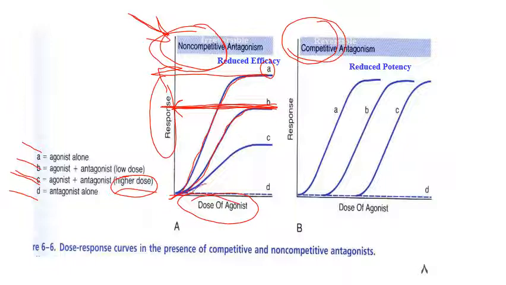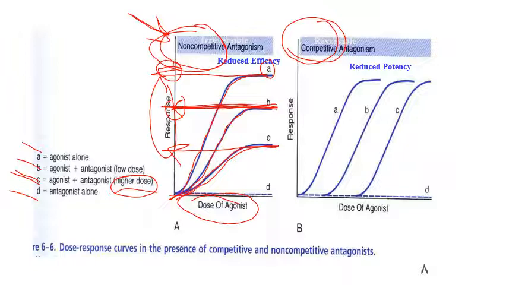So even with increasing the concentration to the maximum dose, the response is still very low compared with case B and case A, where there is no non-competitive antagonist. So this is the case in the presence of non-competitive antagonist.